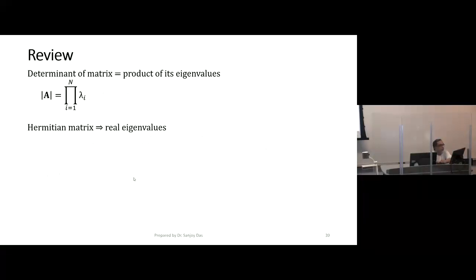The determinant of the matrix is the product of the eigenvalues. Now, suppose the matrix is poorly conditioned. It's close to singular, so its determinant is a very small quantity, correct?